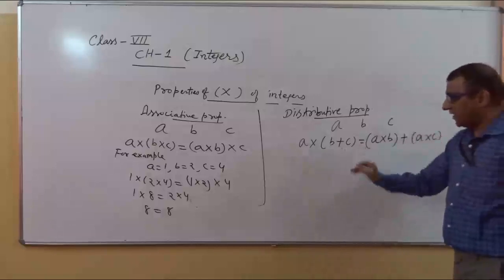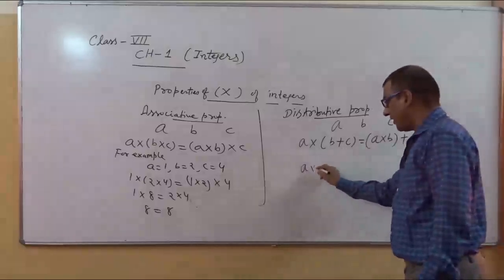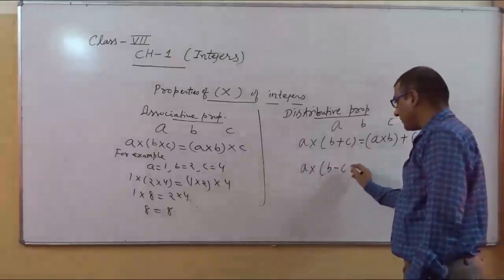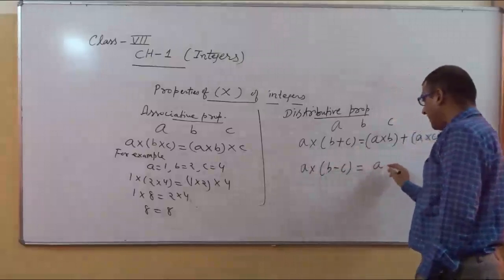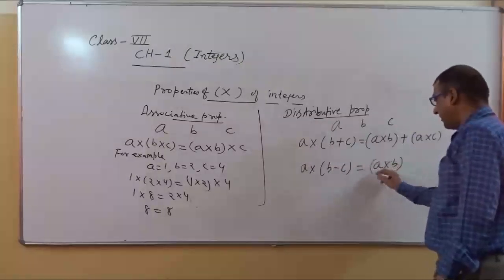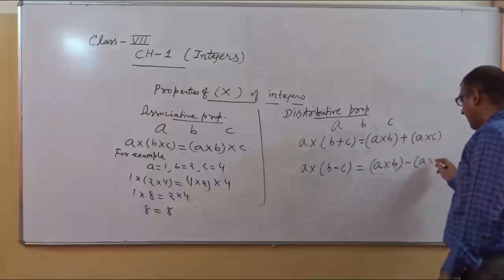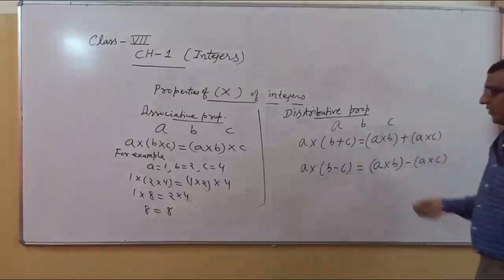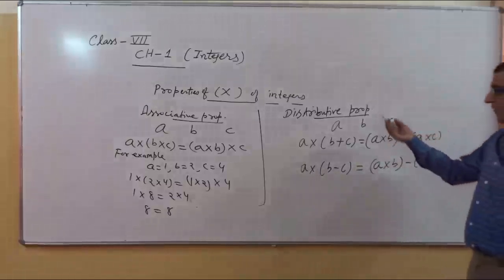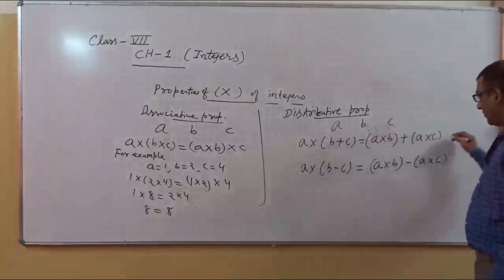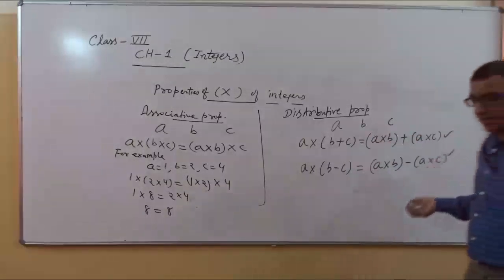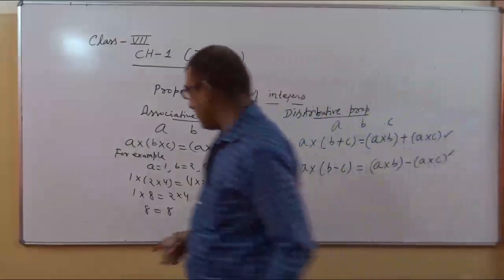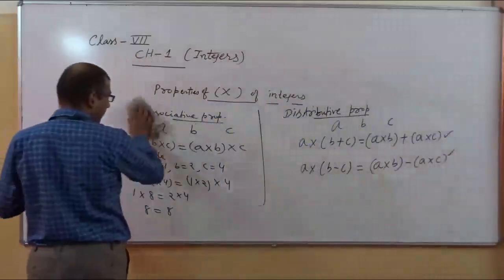What happens if we change the plus sign? Then a × (b − c) can be written as a × b − a × c. So you put different values of a, b, c under these two properties, and we will easily calculate with the help of distributive property.